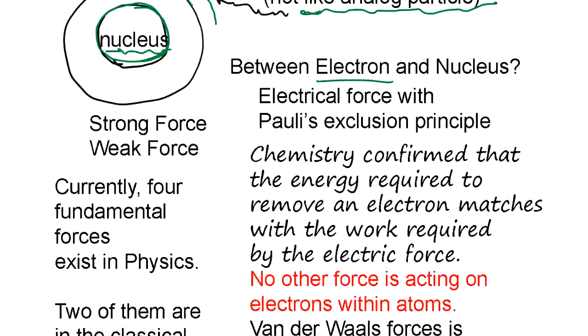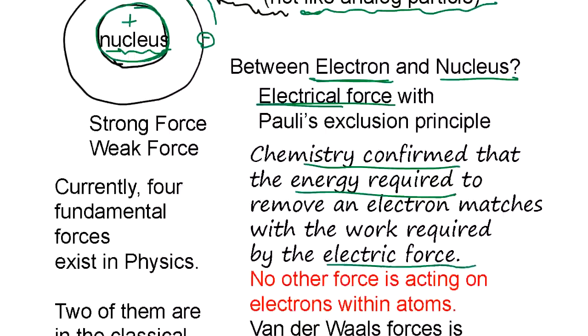between the electron and the nucleus, is there anything else other than electric force? The nucleus is plus and the electron is minus. Well, chemistry confirmed that the energy required to remove the electron matches the work required against the electric force.